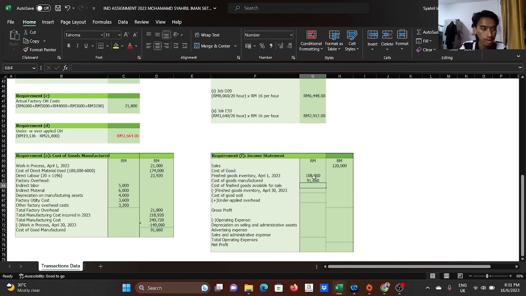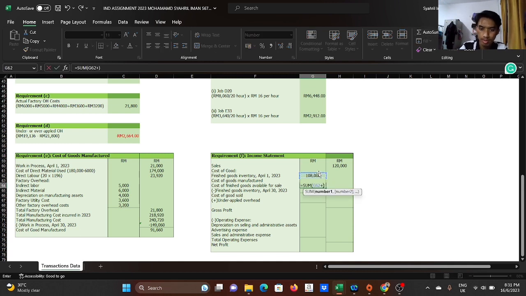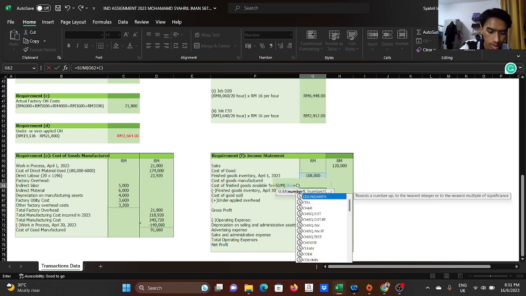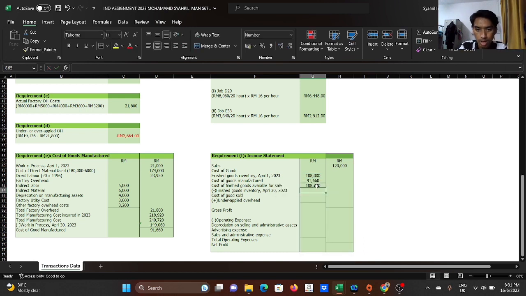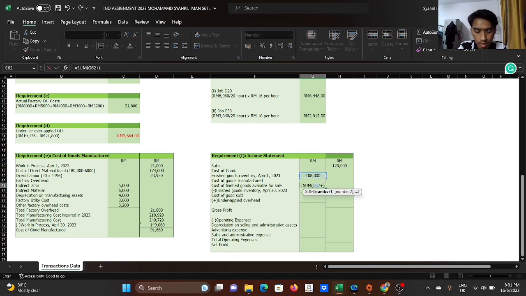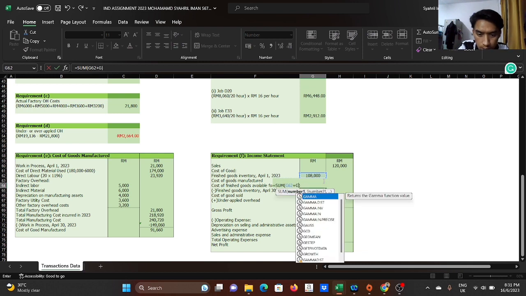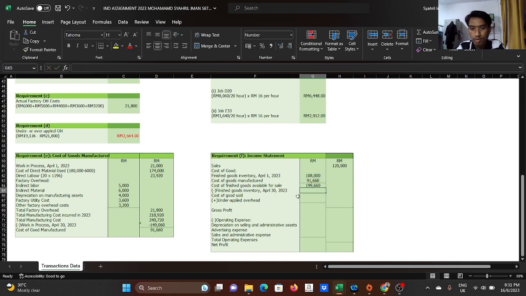Okay, to find this, we need to compute the two amounts. So we get 108. We get the amount of 199,660,000. So next, we put the amount of finished goods inventory and we minus it.